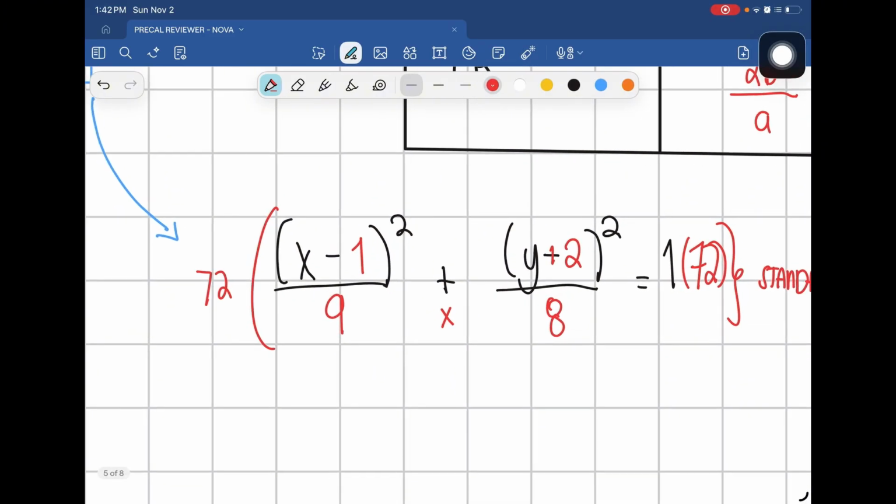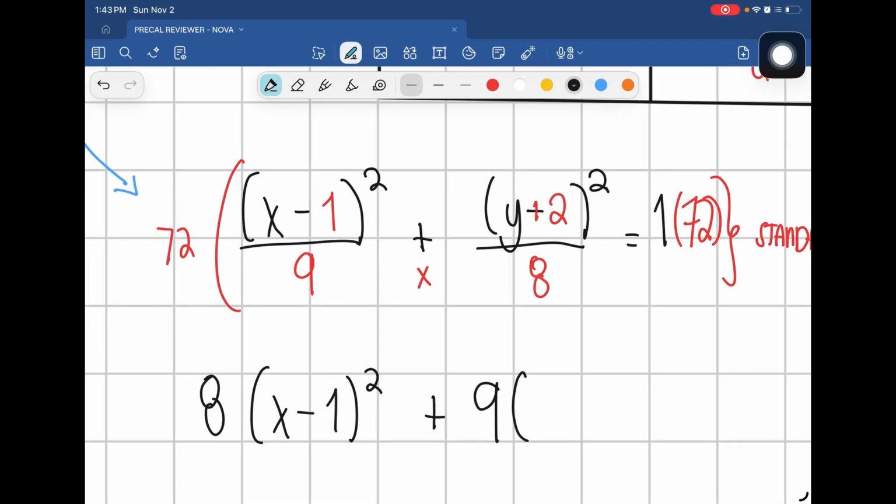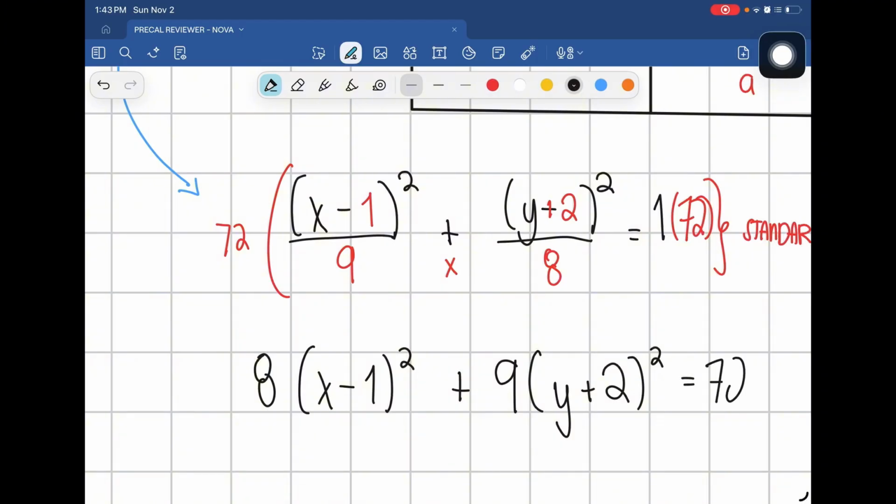So 72 divided by 9 is 8, plus 72 divided by 8 is 9, equals 72 times 1, which is 72.